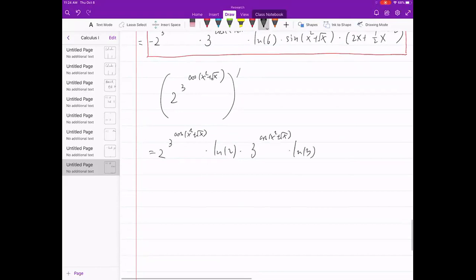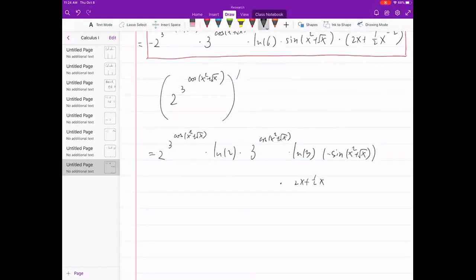Then I realized, okay, cosine, fine. And then 2x plus 1/2 x to the negative 1/2. Sounds good. So you don't have to actually break them into 4 steps.